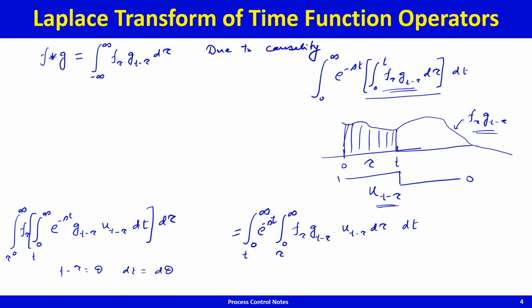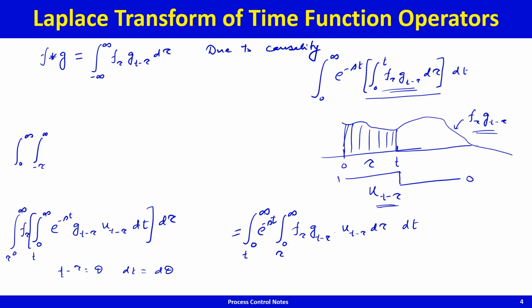At t equal to 0, theta is equal to minus tau, so the limits go from minus tau to infinity, but from minus tau to 0 the integrand is zero, so it really doesn't matter.